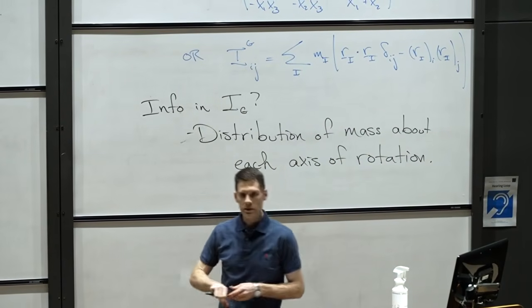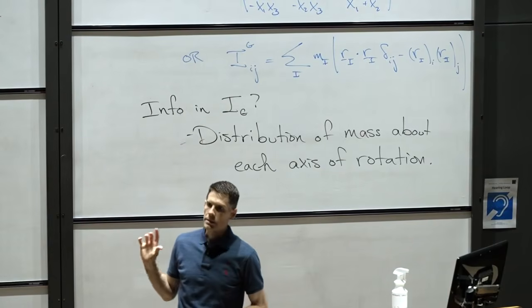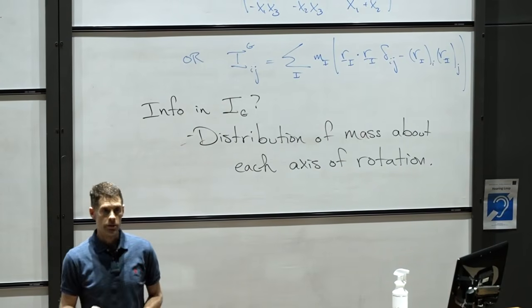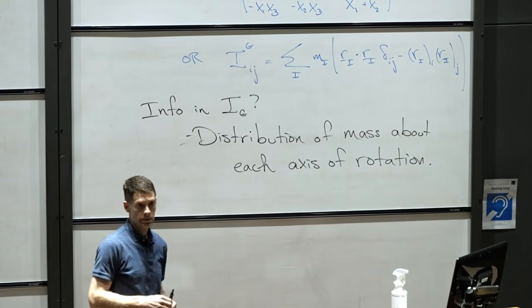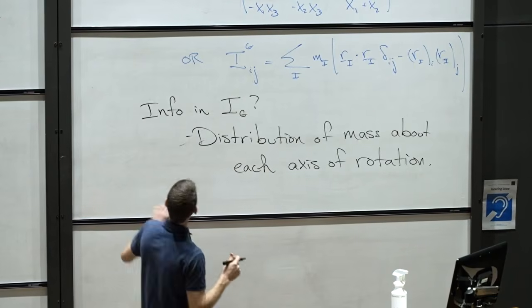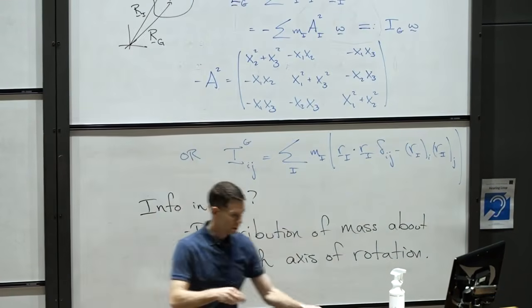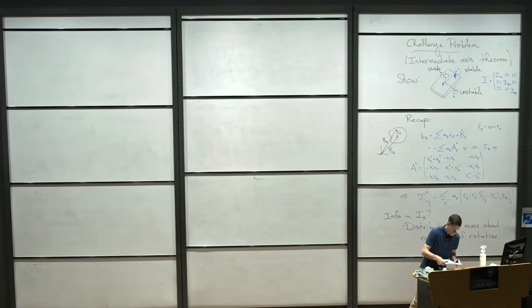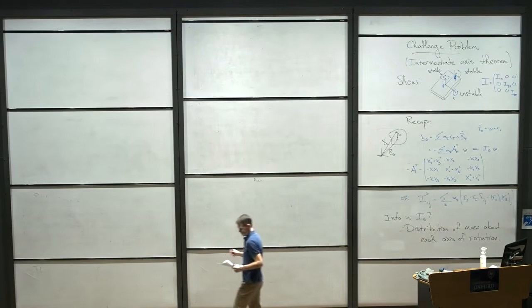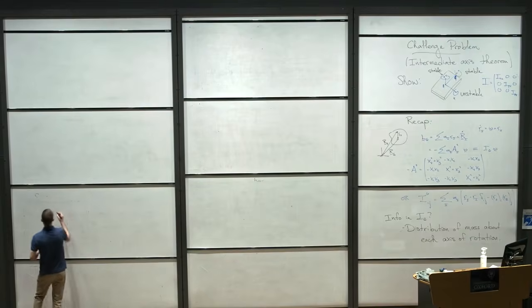And in a sense, you might think it's something to do with how hard it is to rotate about a given axis. So for instance, I don't want to lose that board, so let's come over here. Compare.